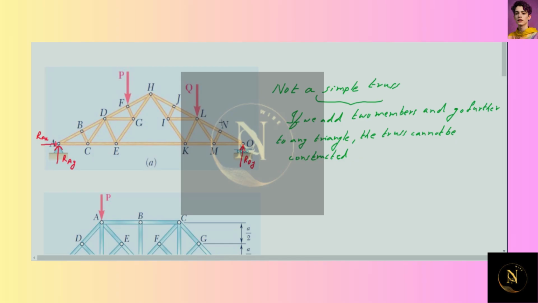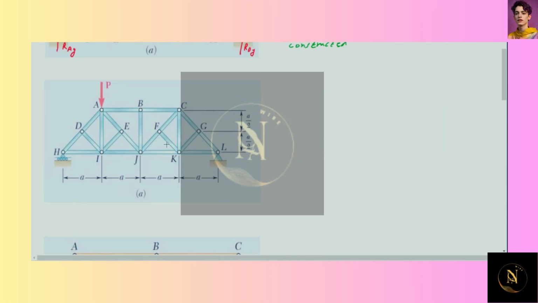Now let's move to the next truss. Here there is one support, and because of this support there will be two reactions, one vertical as well as a horizontal reaction. Let's name the vertical reaction RLY and the horizontal one RLX.